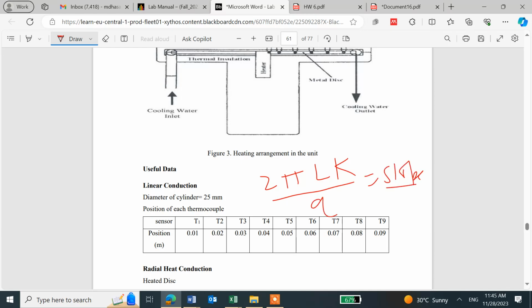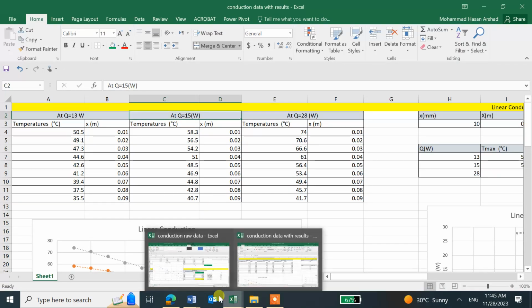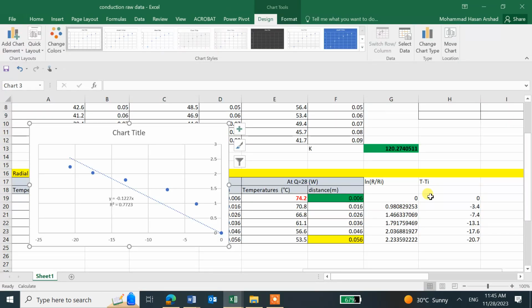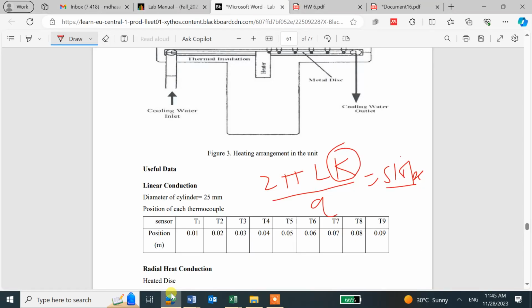So what will be the K? Slope times Q divided by 2 pi L. The slope is 0.1227.